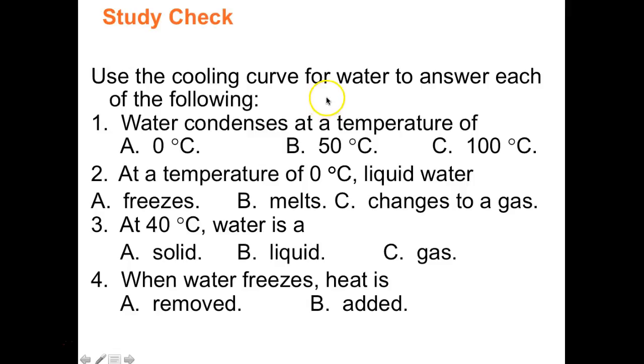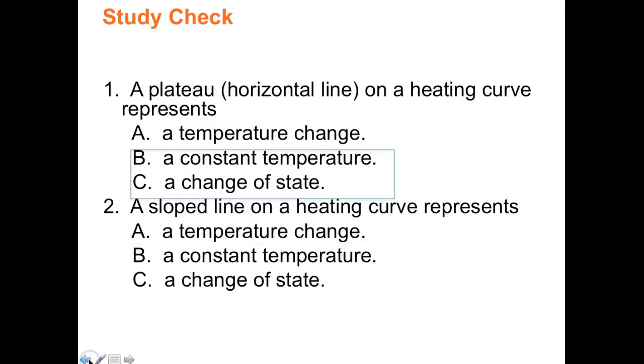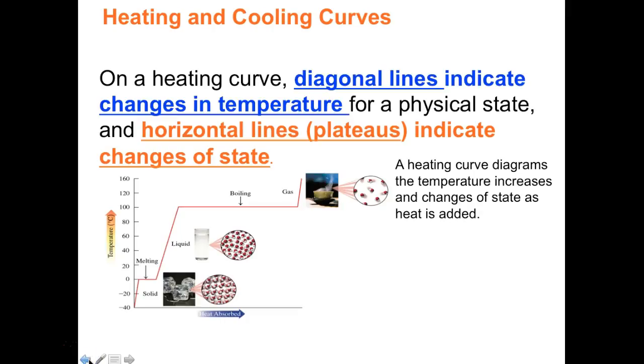Use the cooling curve for water to answer each of the following. So the heating curve was going in one direction. The cooling curve would be, of course, in the opposite direction. So going back to that curve, this is a heating curve.